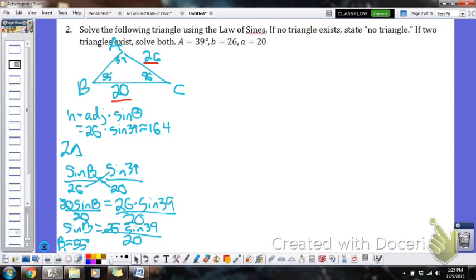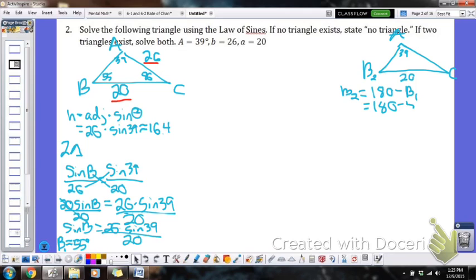Now, I also have a second triangle where it still has 39 degrees for A, and it still has 20 for side A. But it will have different angle B and angle C. And you find the second B value, so B2, by taking 180, so B2 is equal to 180 minus B1. So 180 minus B1 was 55 degrees.